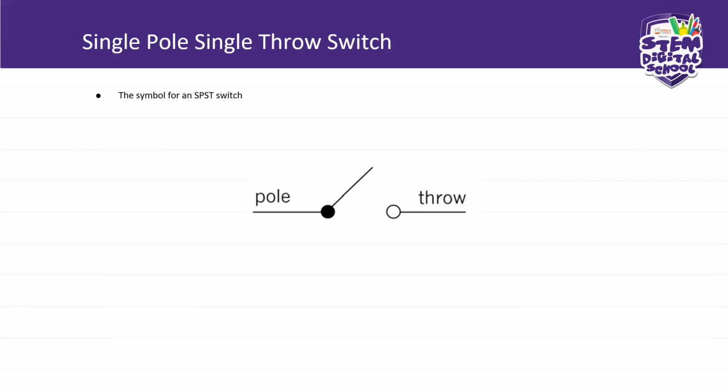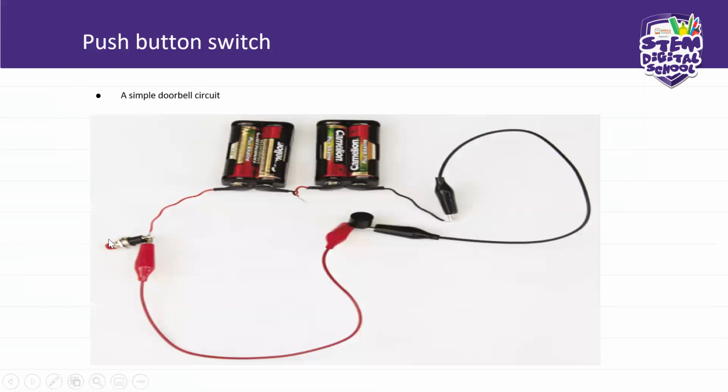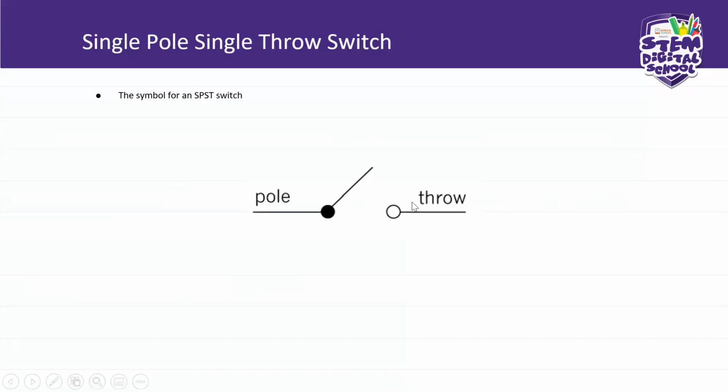Here you have your switch, but the graphic symbol looks like this. For any switch that fits into the category of this, the graphic symbol will look like this.